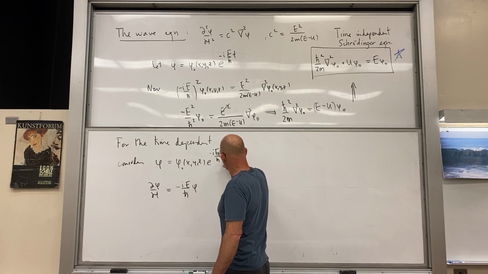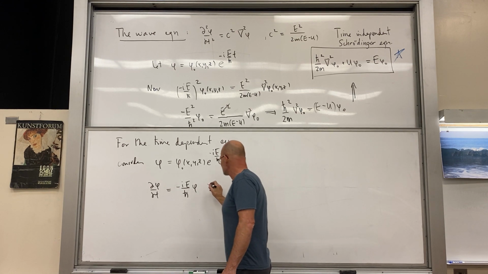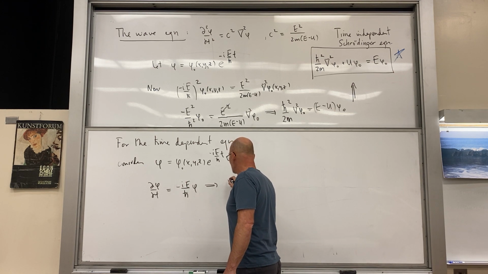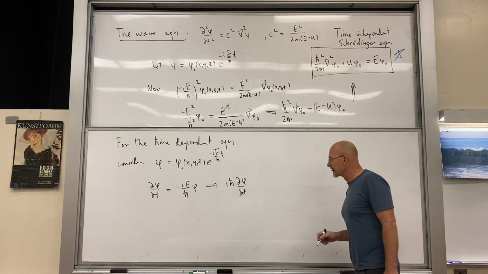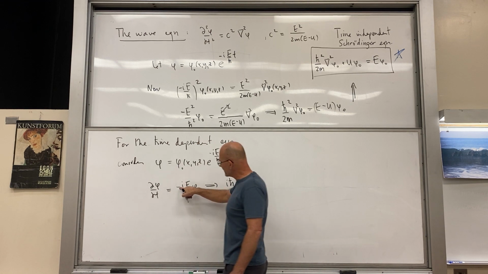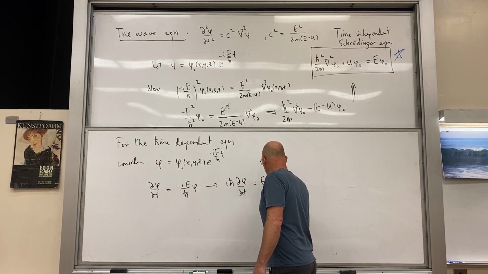Minus i E over h bar is what you get when differentiating with respect to time, times phi. So there we can say that i h bar d phi dt, just by cross multiplying, h bar and then i times minus i is 1, is equal to E times phi.